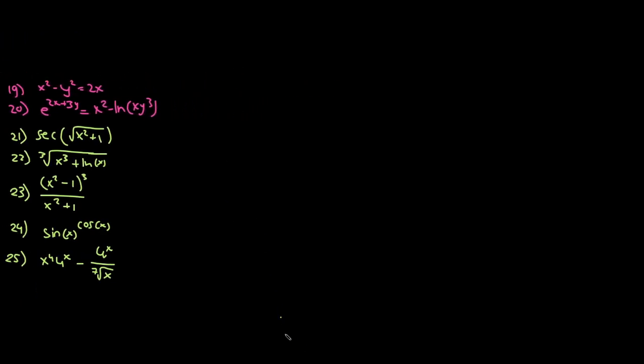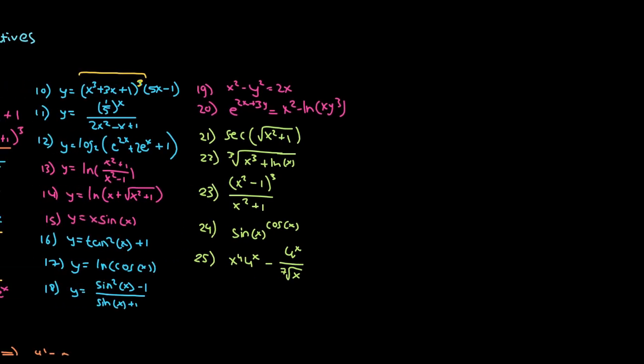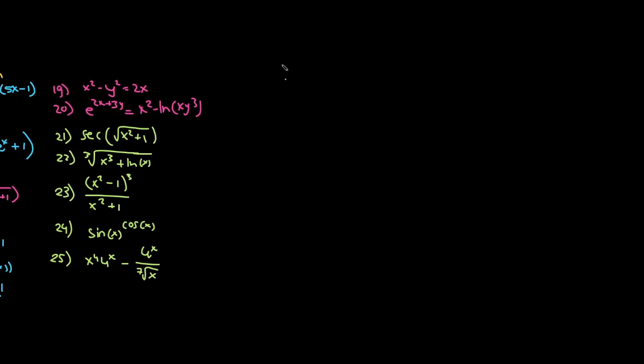So which one was this? 13, I believe? Yes, 13. So derivative 13: y equals natural log of x squared plus 1 divided by x squared minus 1, parentheses like that. Alright, again, you could just do this with the chain rule and the product and the quotient rule, but that gets a little bit messy.